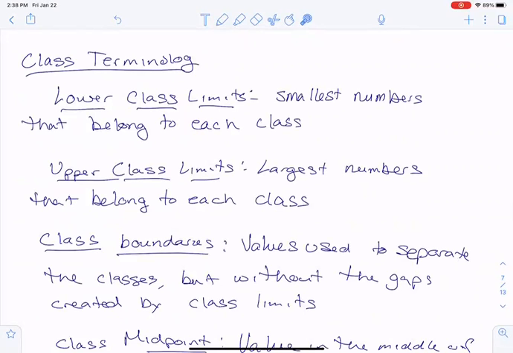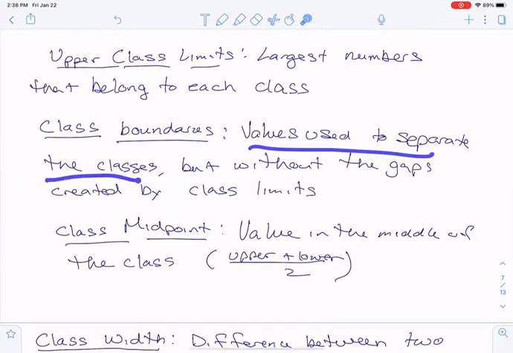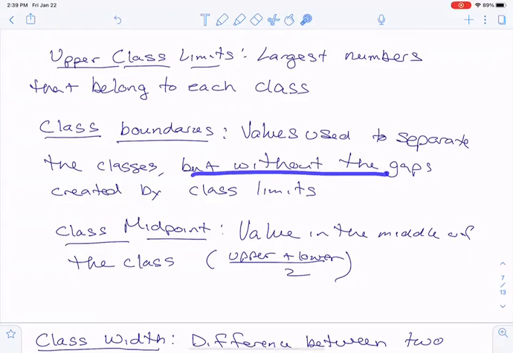Next, we want to talk about class boundaries and class midpoints. These are values that really work when we talk about the histogram. We tend to focus on class boundaries, and these are values that are used to separate classes, but without the gaps that are technically created by class limits.